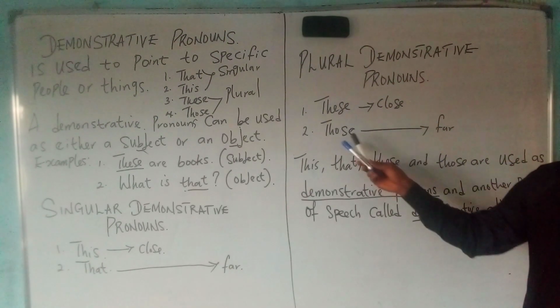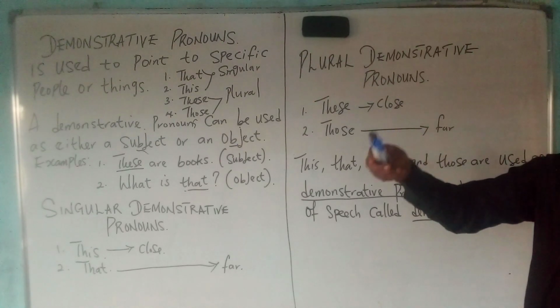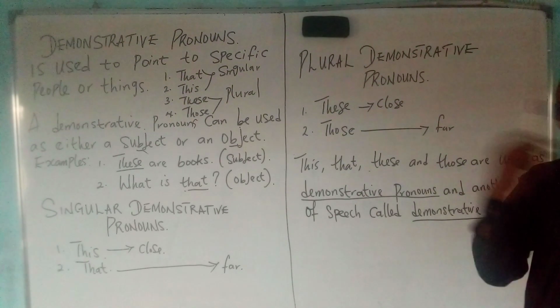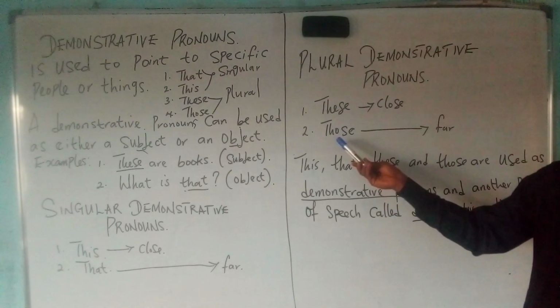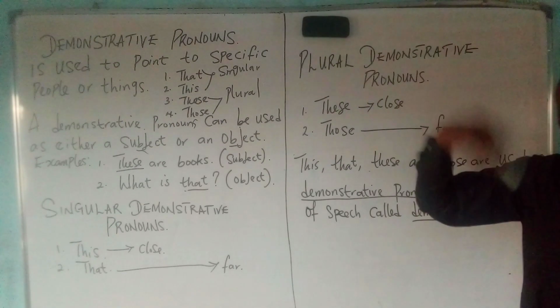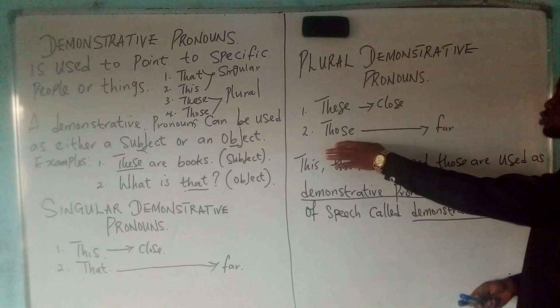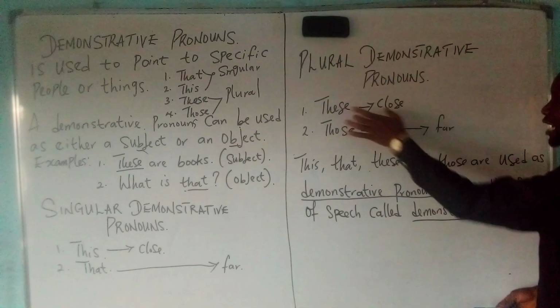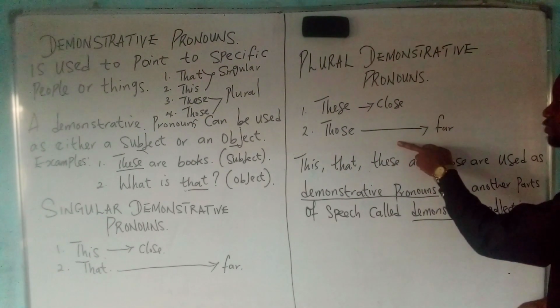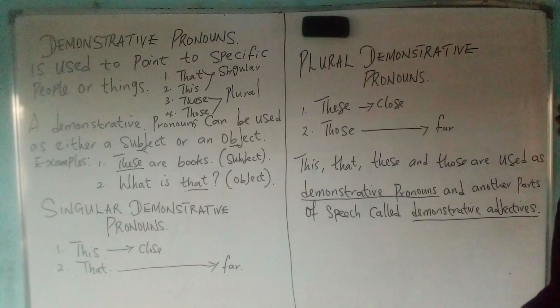But when the objects or the people are far away, but we can see them, we say what? Those markers, those houses, those cars. So that is why you can see the way I use this arrow to point at the one that is far and the one that is close.